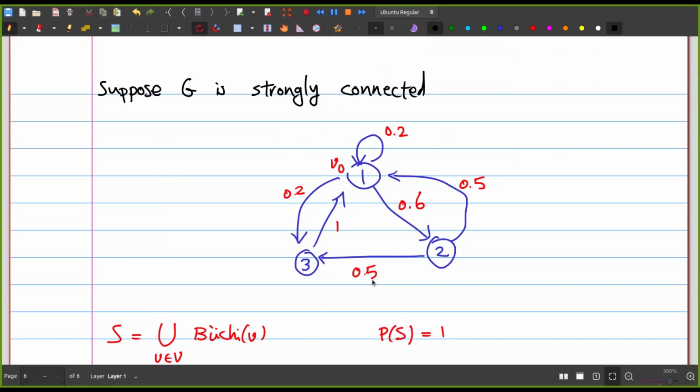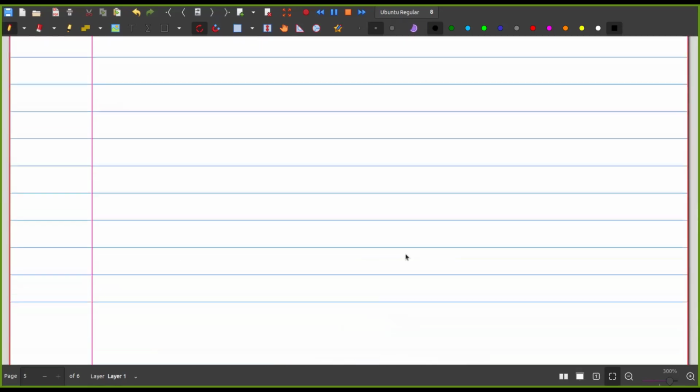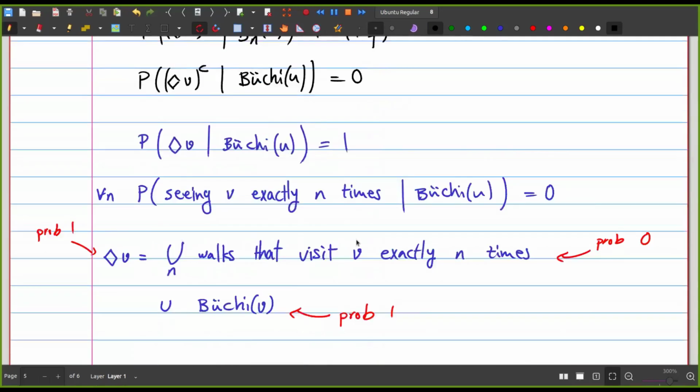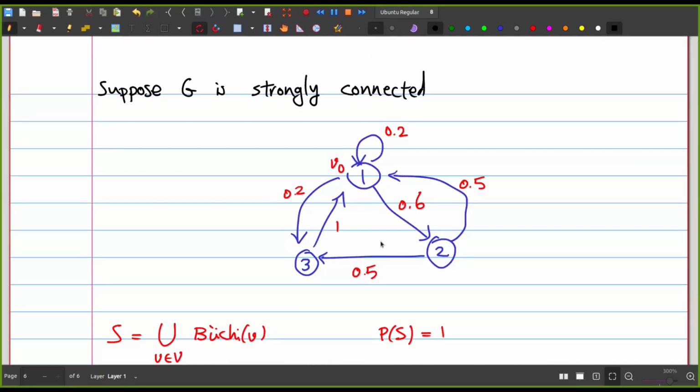The probability of the Büchi set for every vertex is going to be 1. Because think about it, if it's anything other than 1, basically what I'm saying, based on what I've had here as well, is that the probability that I see any vertex infinitely many times is less than 1.